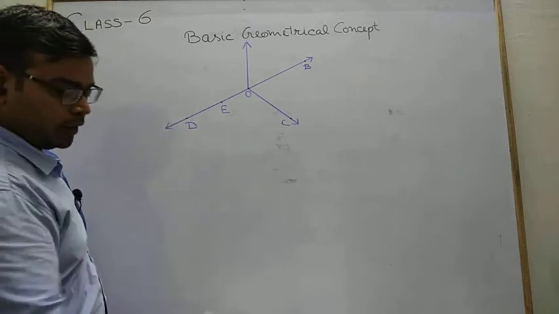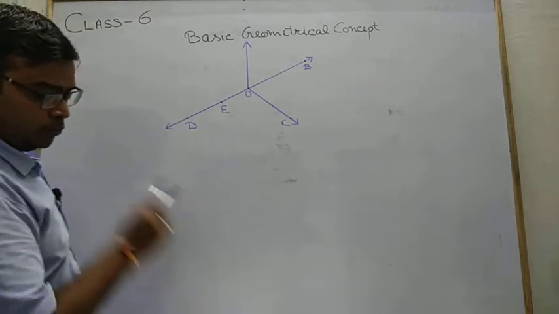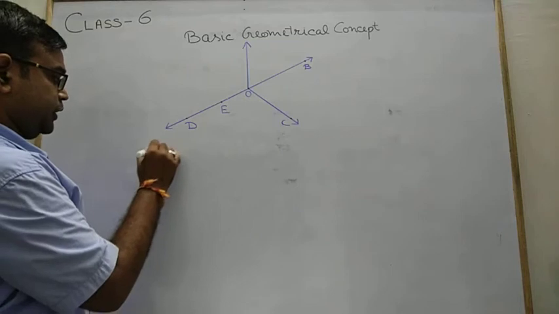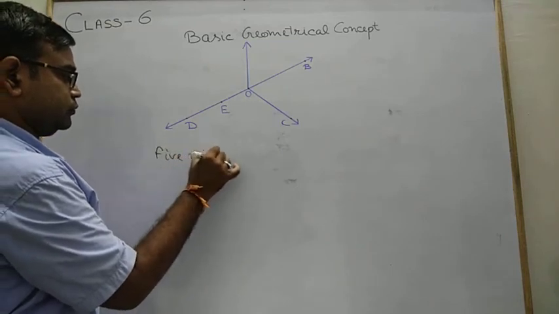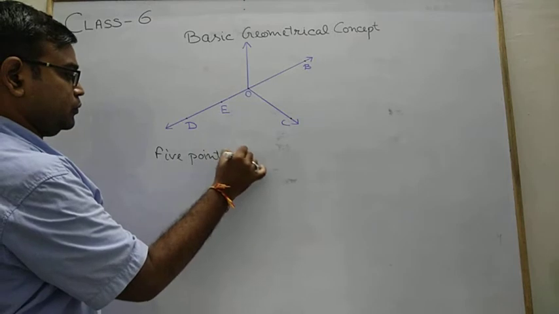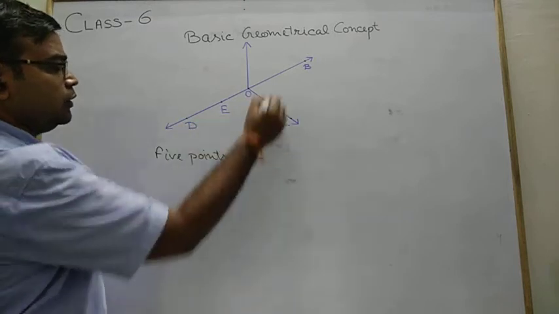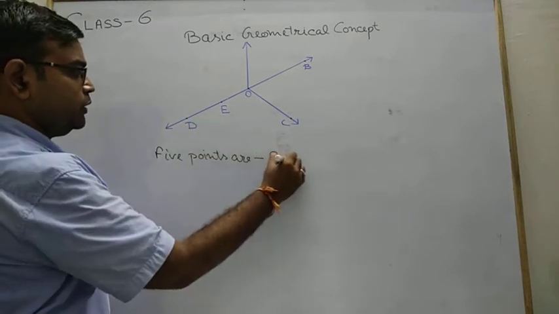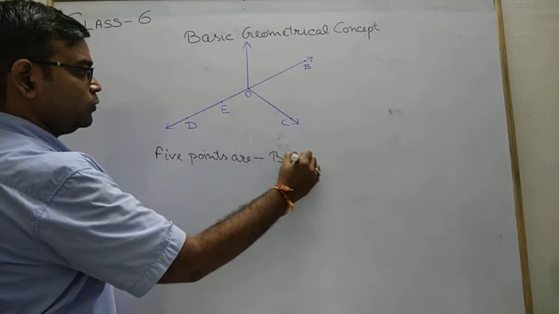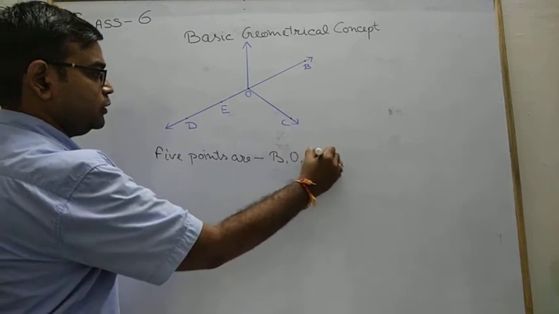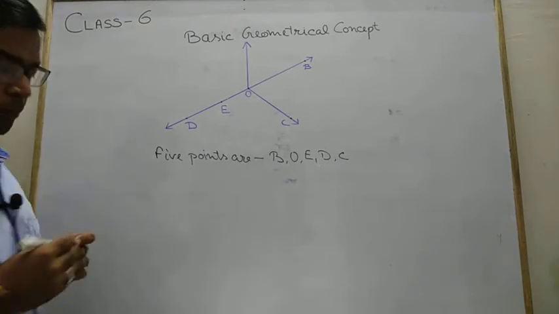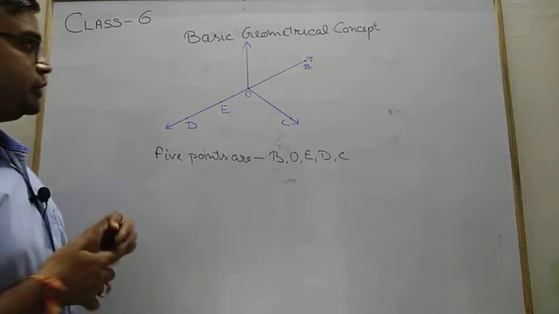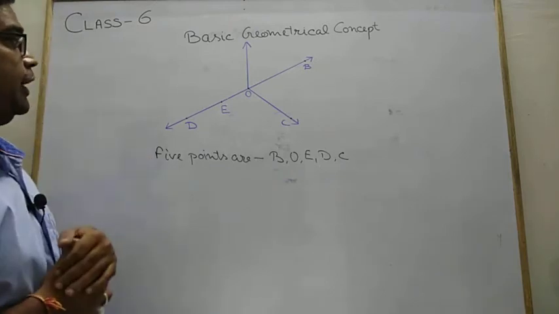So how do you write it? You must write that the 5 points are B, O, E, D, C. Then again the question says to write down the name of one line.